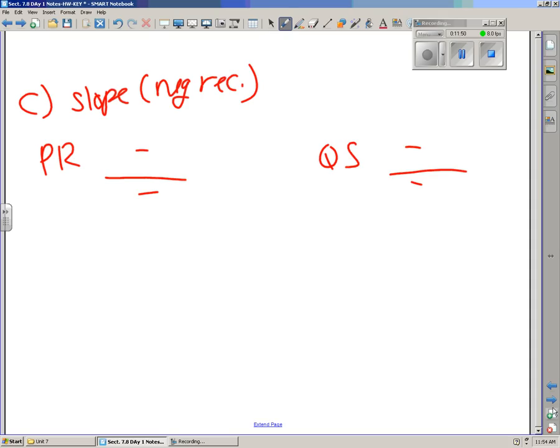So from P to R, I'm going to have, in this case, P becomes 1 minus 5, and then on the bottom becomes negative 3 minus 9, which is negative 4 over negative 12, and this simplifies to 1/3.